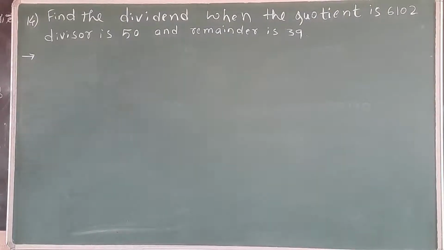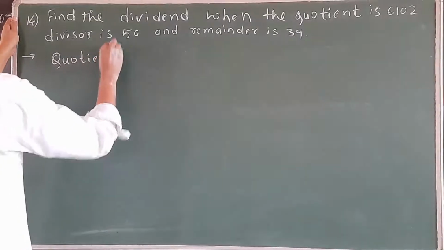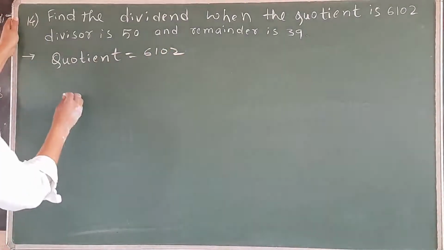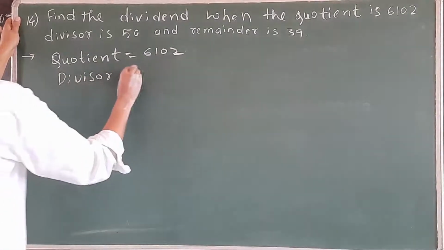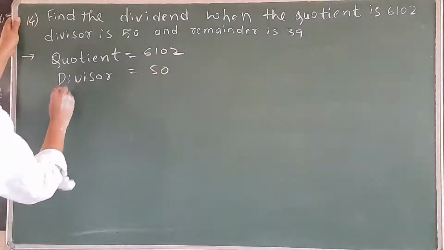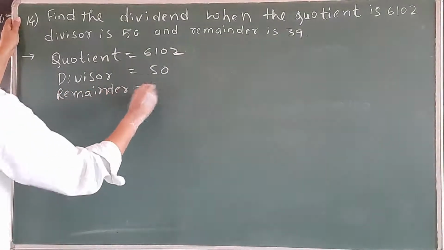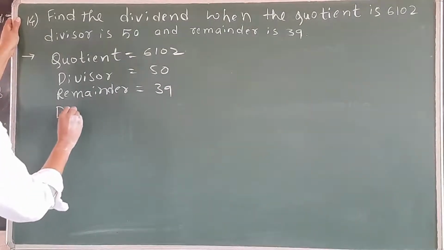Now 14th one, find the dividend when the quotient is 6102, divisor is 50 and remainder is 39. We have a formula for this. First of all we will write what is the quotient. Quotient is given 6102 and divisor is 50, remainder is 39. Now we have to find the dividend.